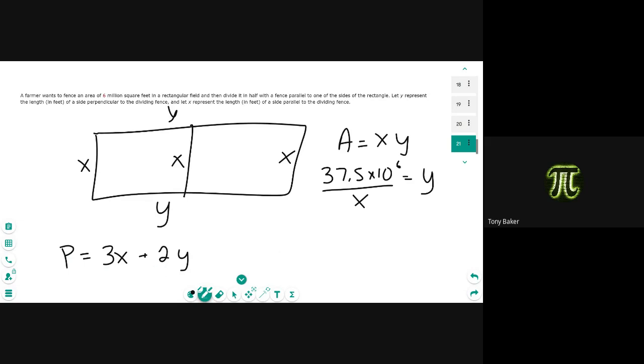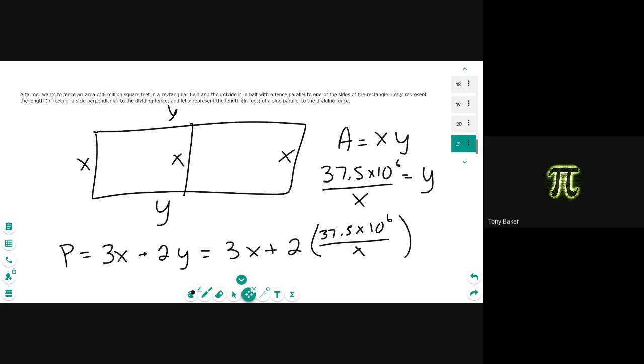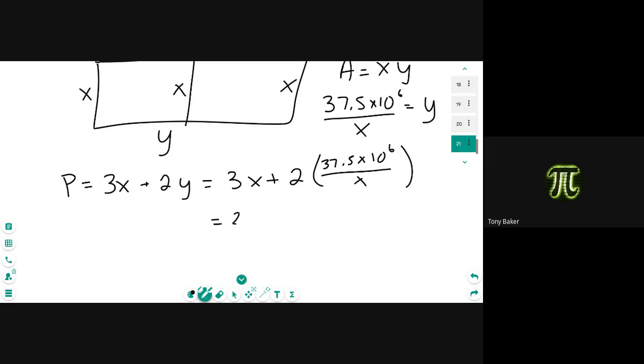So it's 3x plus 2 times 37.5 times 10 to the 6th over x, or 3x plus 75 times 10 to the 6th over x. So that's your function for perimeter.